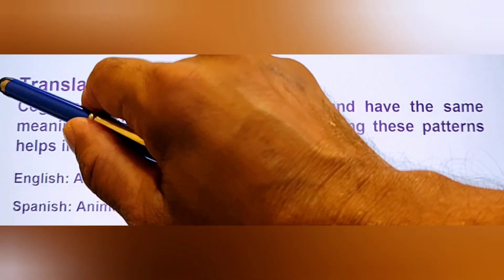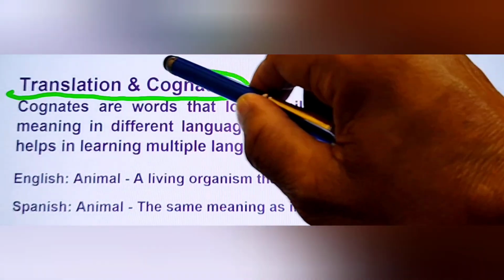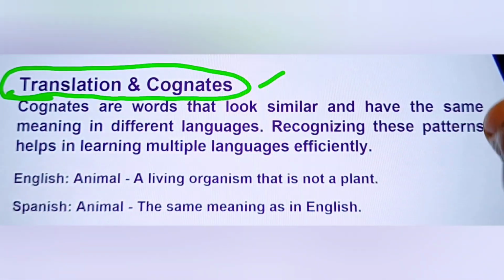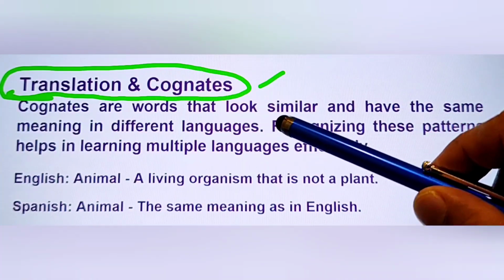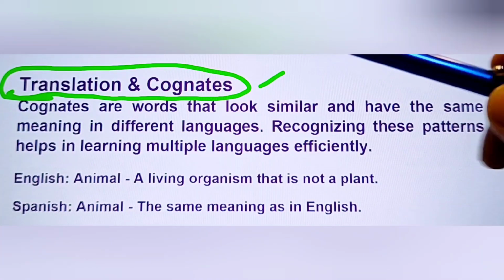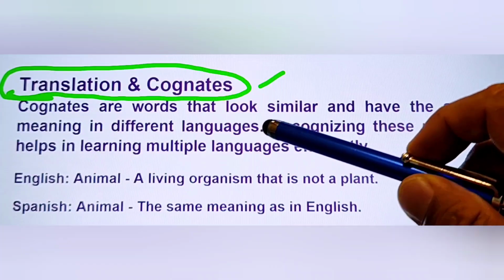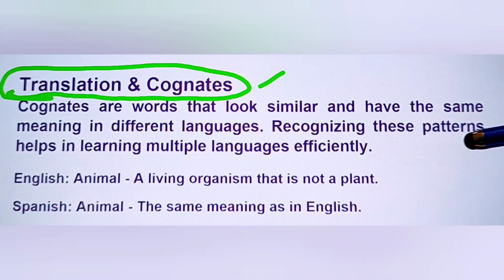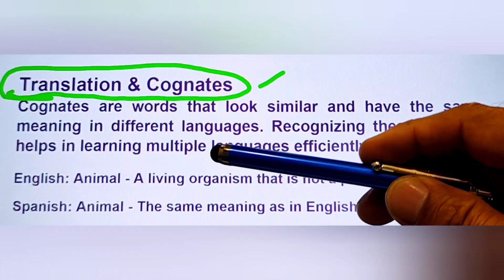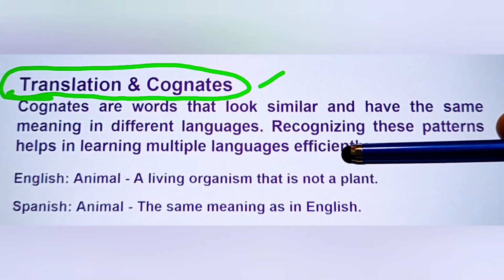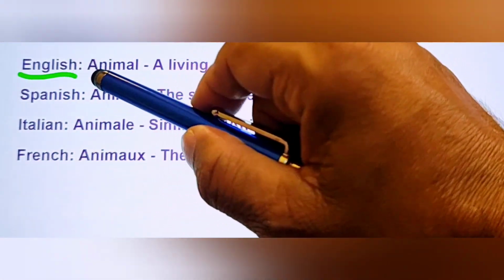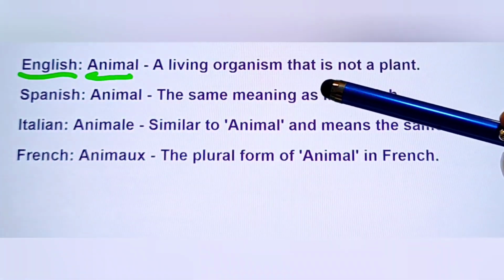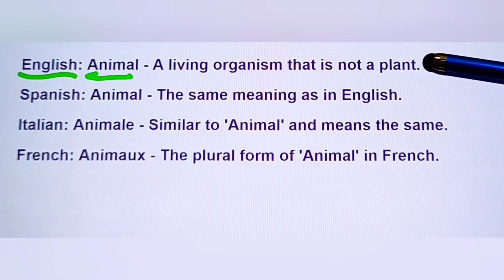Let's describe how you can remember vocabulary in the English language. Next one here, translation and cognates. Cognates are words that look similar and have the same meaning in different languages. Recognizing these patterns helps in learning multiple languages efficiently. For example, in English, here is animal: a living organism that is not a plant. Very funny definition here.